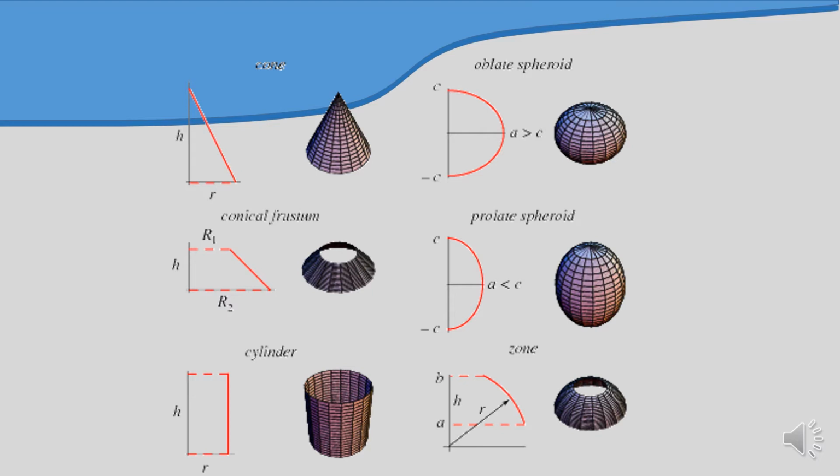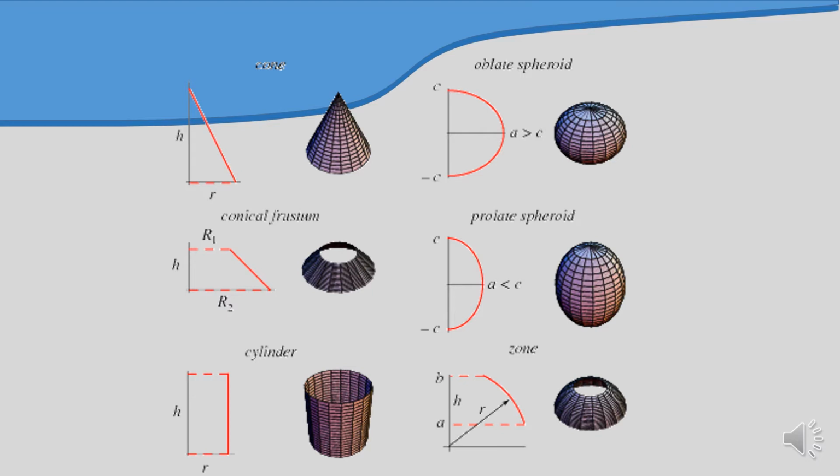There are several diagrams produced, where we can see a conical frustum, a cone, a cylinder, and several types of spheroid.